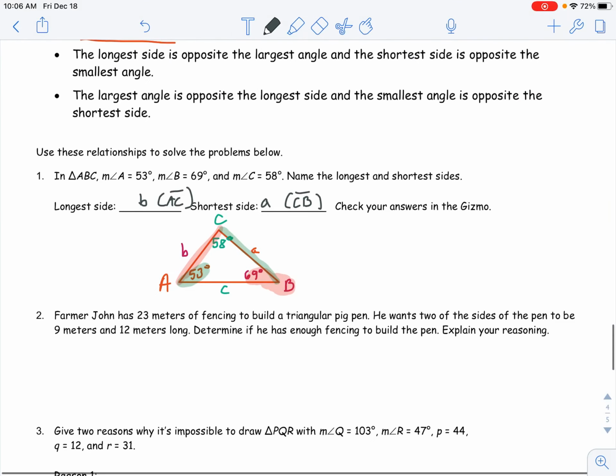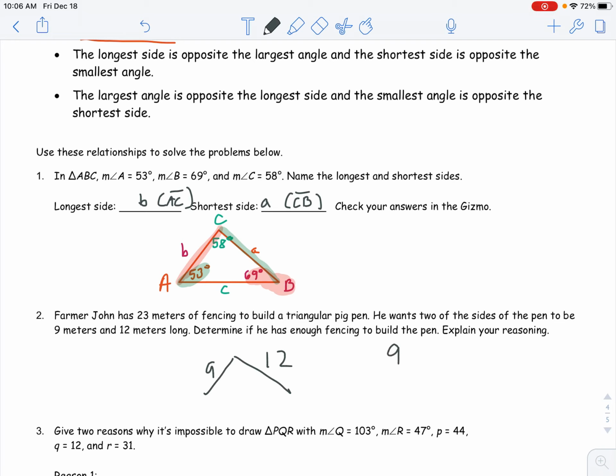All right. Farmer John has 23 meters of fencing to build a triangular pig pen. He wants two sides of the pen to be 9 and 12. Determine if he has enough fencing to build the pen.